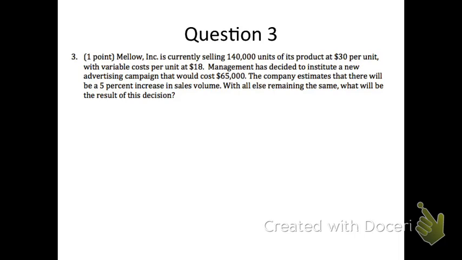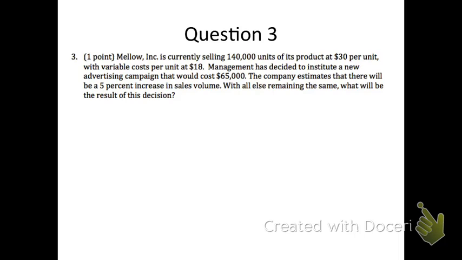Alright, question number 3. This is a problem that really falls in the cost volume profit area. We have a company that's currently selling 140,000 units. The selling price is 30, variable costs are 18.